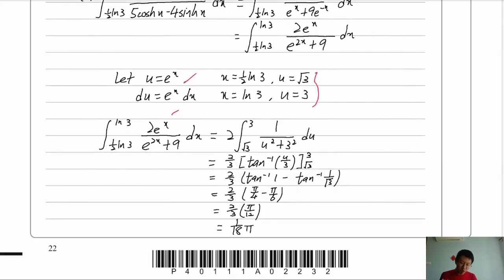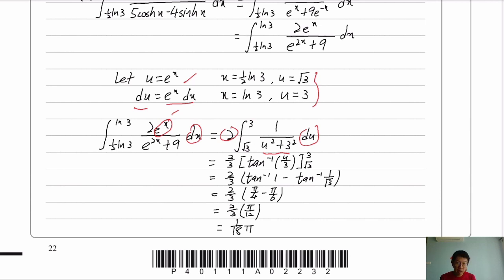Let's proceed to look at the integral. Now the 2, if you move it out of the integral, we only have e^x dx. So e power x dx here is just du, and for the denominator, like what we saw just now, it will become u squared plus 9. So u squared plus 9 is u squared plus 3 squared. This kind of expression is very straightforward.